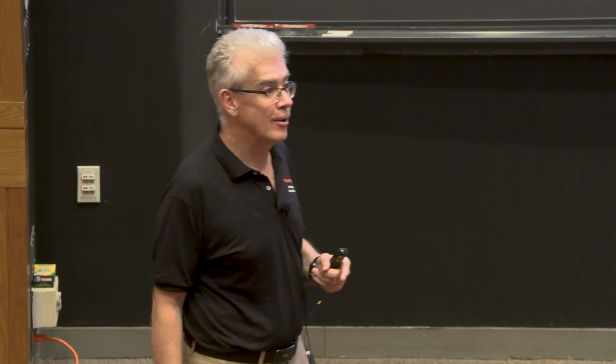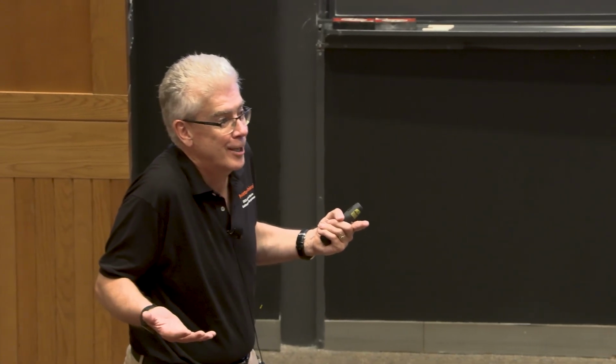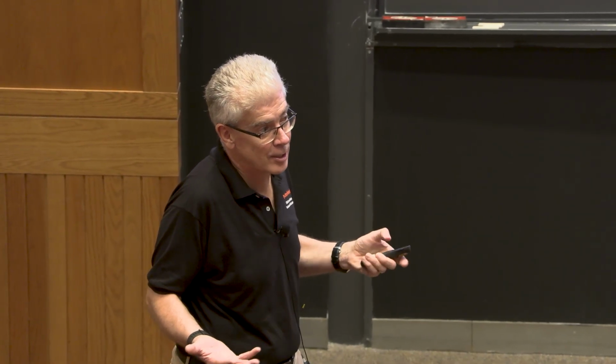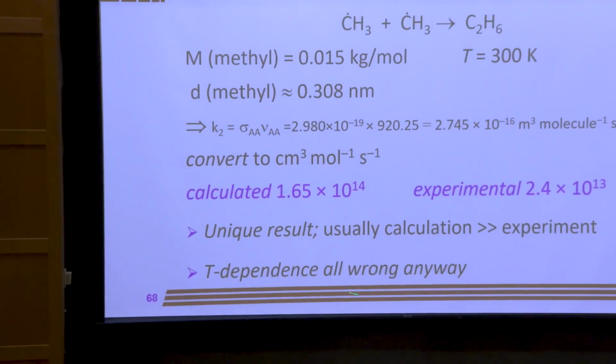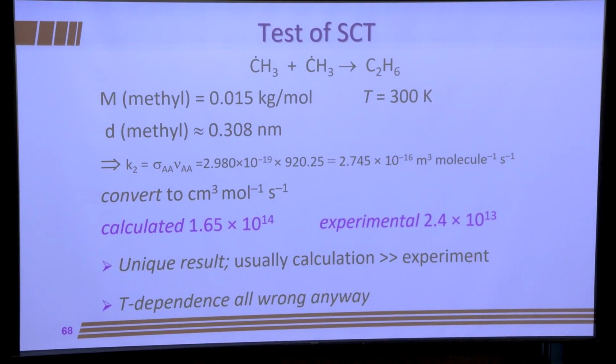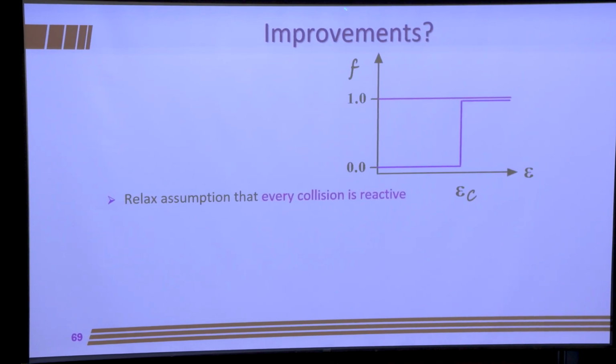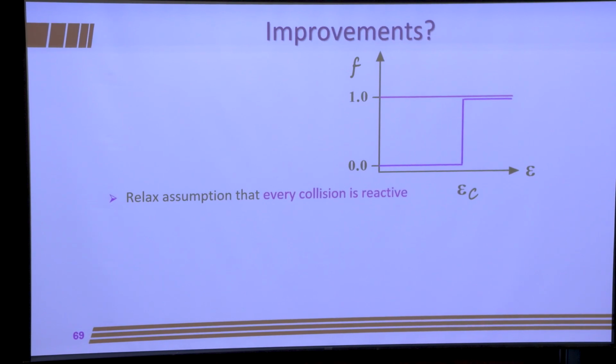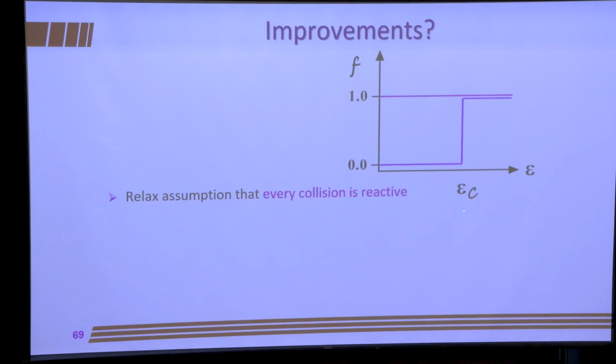So it calls into question whether simple collision theory is worth it at all. The reason we're way out is that we didn't include any temperature dependence, and we need to. So how do we improve this? We have to think of a critical energy for collision, which is just the fraction of species involved in reaction.